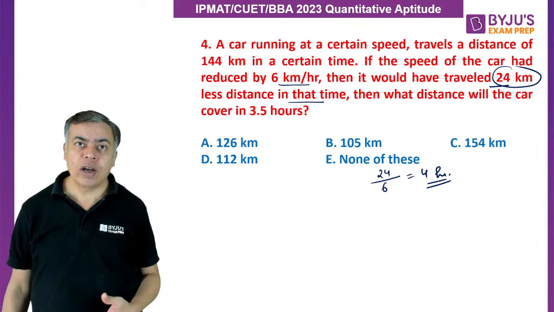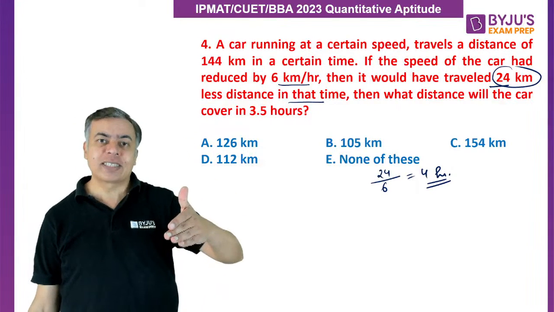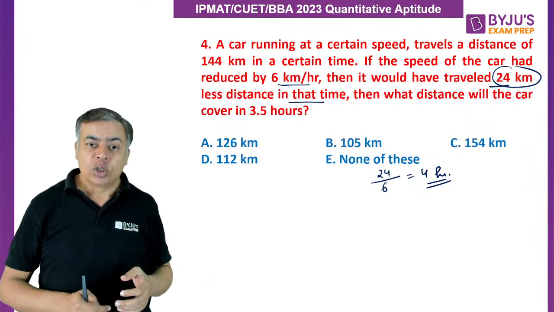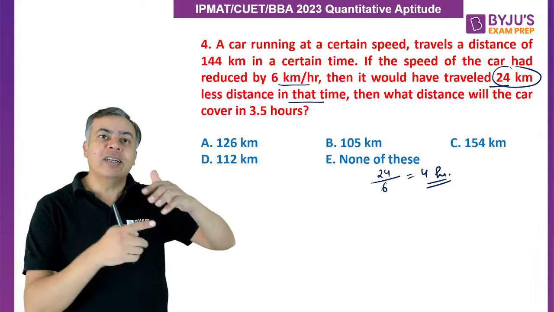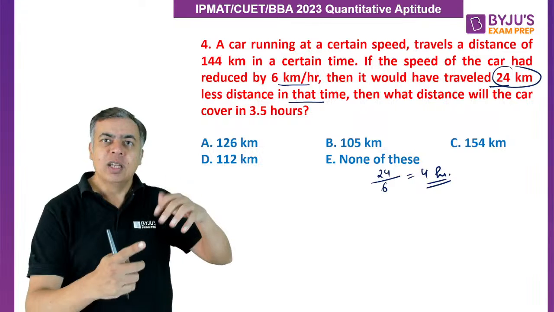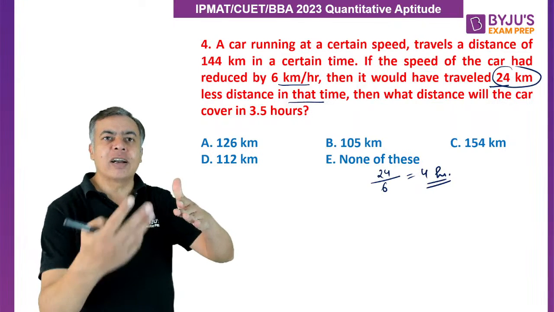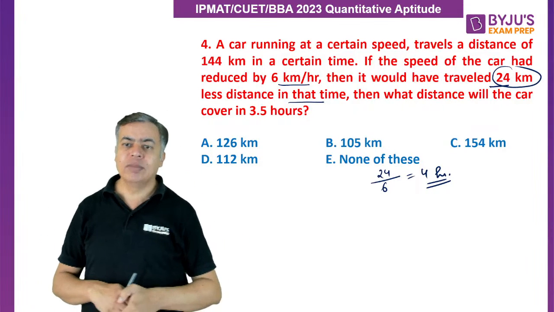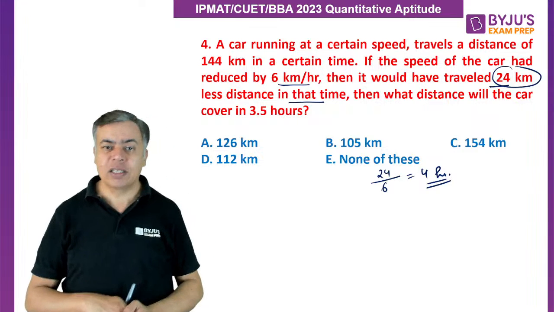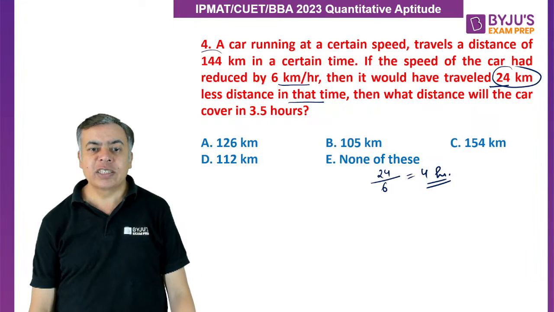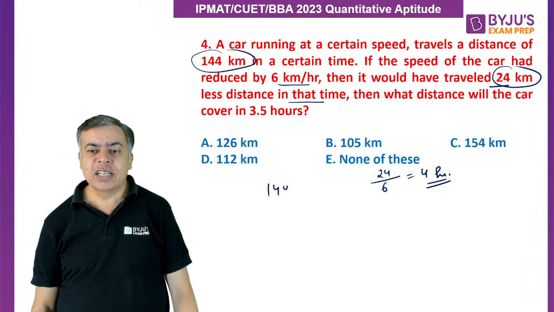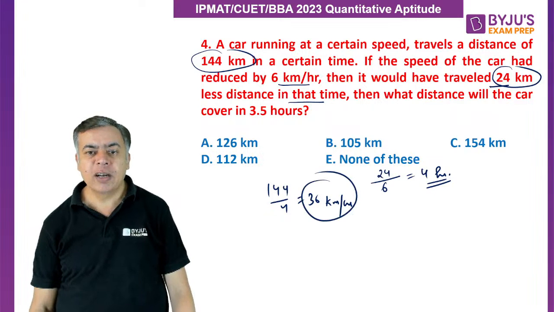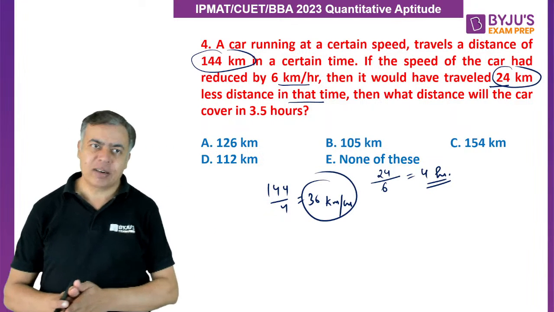The time should be 4 hours because he is reducing the speed by 6 kilometer per hour and traveling a total of 24 kilometer less. तो 6, 12, 18 और 24, जब 4 घंटे में वो 24 कम जाएगा, इसका मतलब time taken was 4 hours. अगर time taken 4 hours था और distance is given as 144, so distance by time is the speed. This is the speed 36 kilometer per hour. So we got the speed of the car.